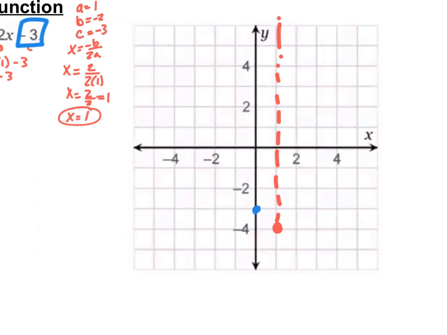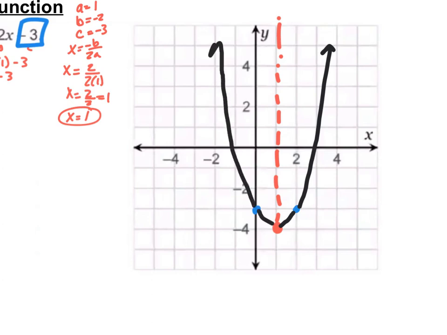I know that this point is also reflected over my axis of symmetry, right here. And so if I draw my graph, get this parabola, then I realize that I have a point here and a point here, and these are my x-intercepts, and that would be the point -1, 0, and this would be the point 3, 0.